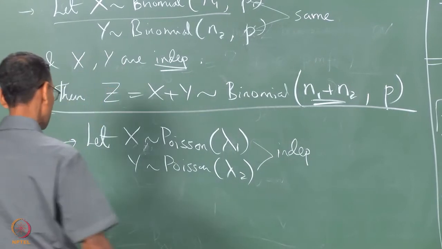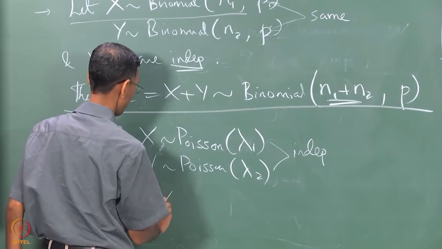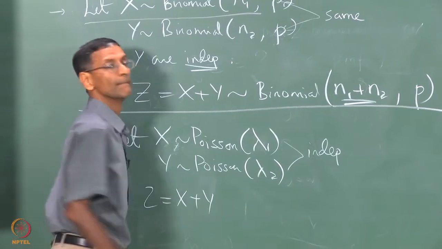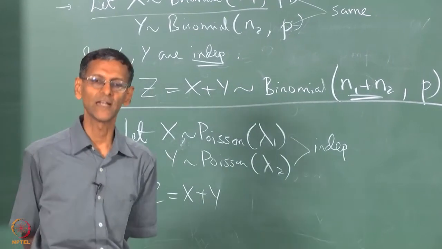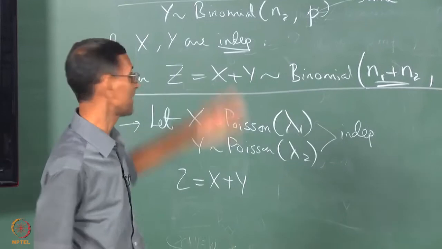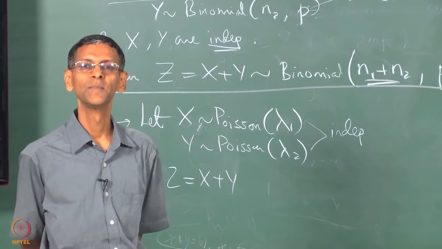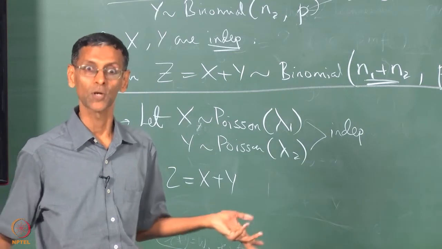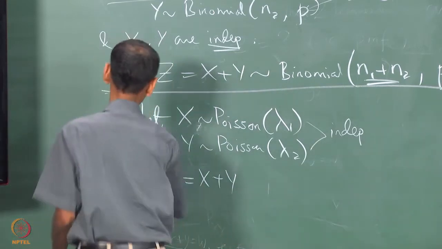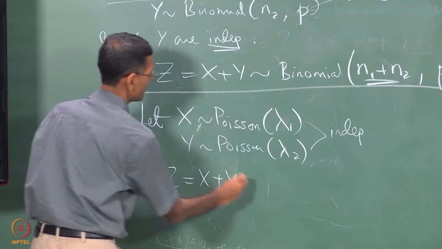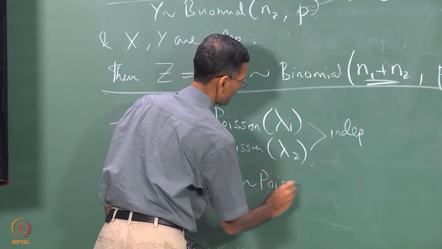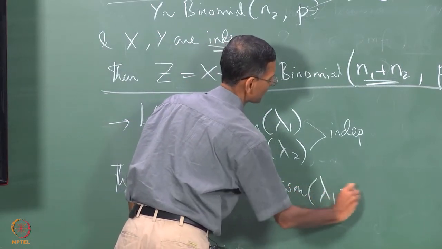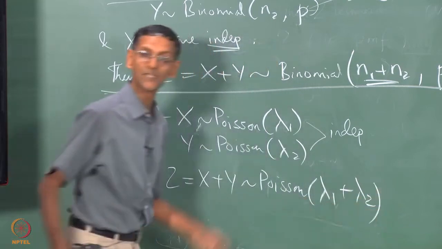Now again we look at Z equal to X plus Y. What do you think the answer should be in line with that? What is the sum of two independent Poissons? It's going to be another Poisson. How do we get this mathematically?